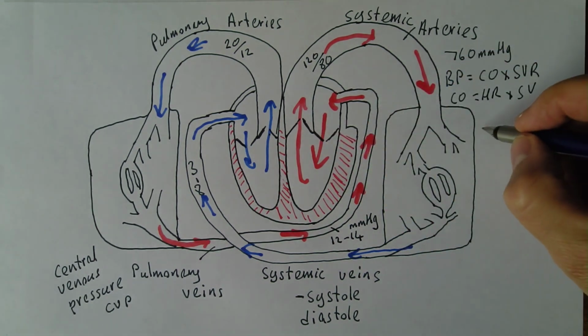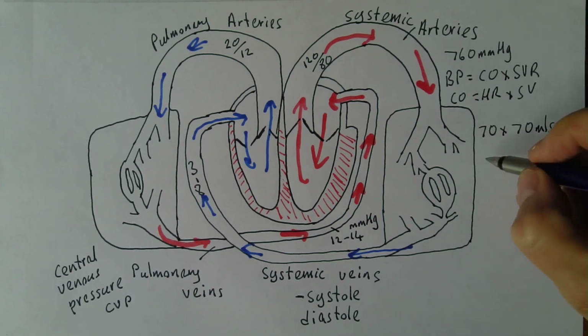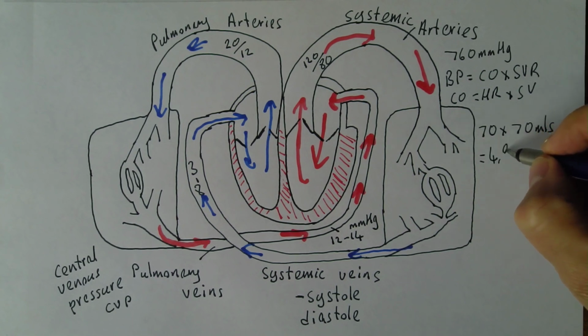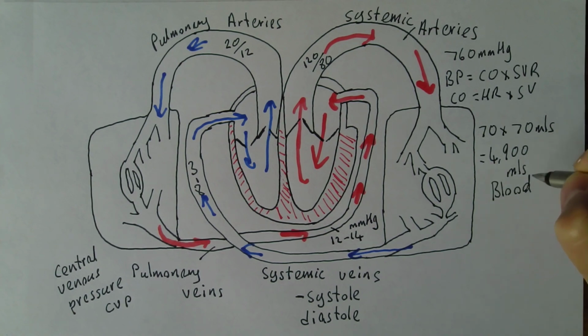And that works out at about 70 beats per minute times 70 mils, which is what the stroke volume is. So that gives us about 4,900 mils of blood pumped out per minute, and that actually is, give or take, 5 litres. Blood pumped into the systemic circulation, and that's pretty well the whole volume of blood.